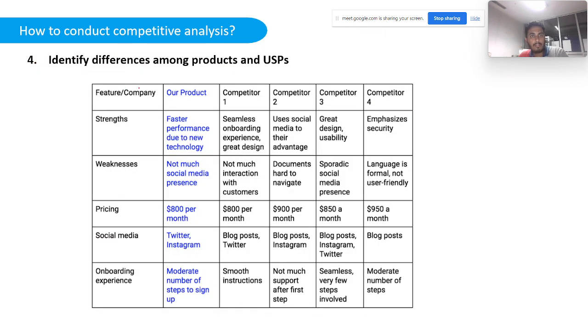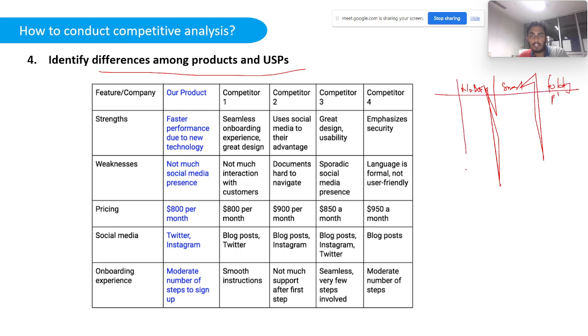After we select our features, we can then identify the differences among the products. As I gave the example of the Nokia phone, then your smartphone, as well as the folding phone, you can identify their strengths. These are some features that you have selected, but these are not definitive.